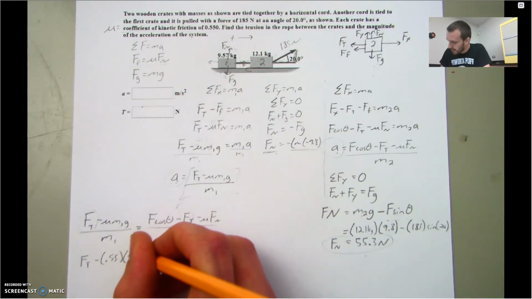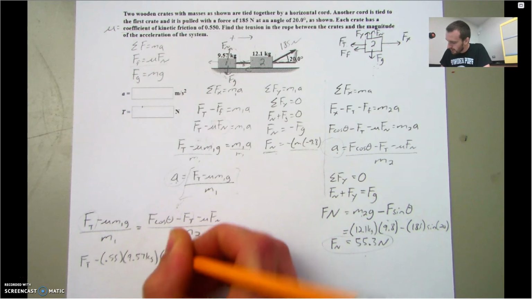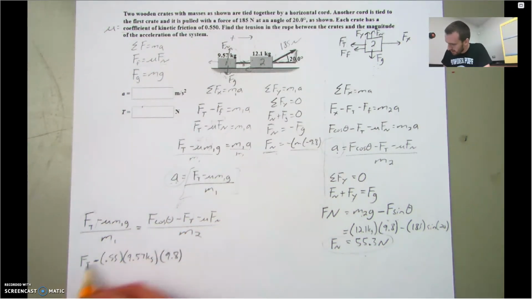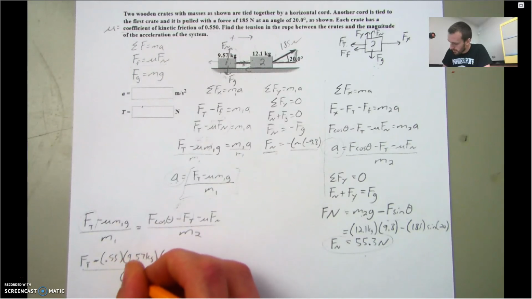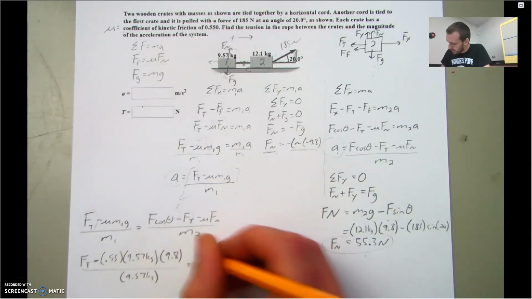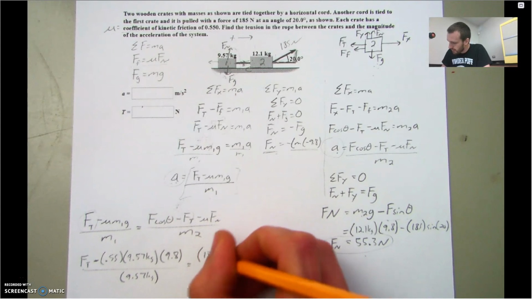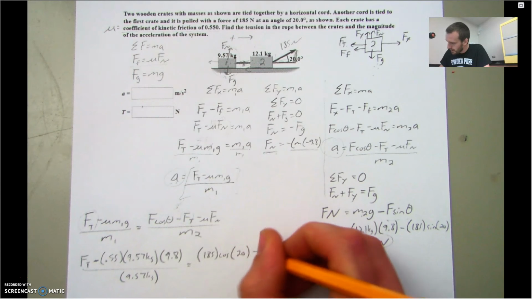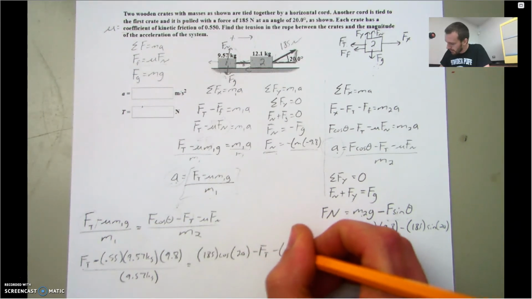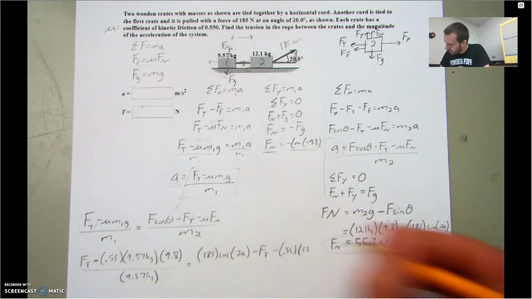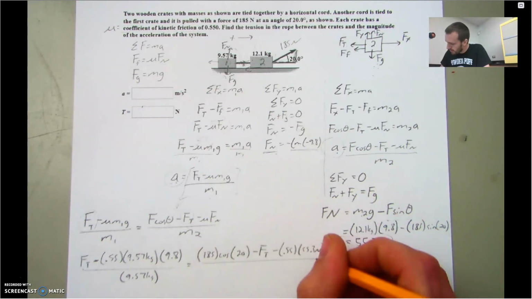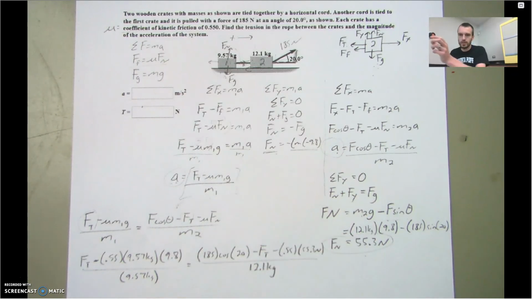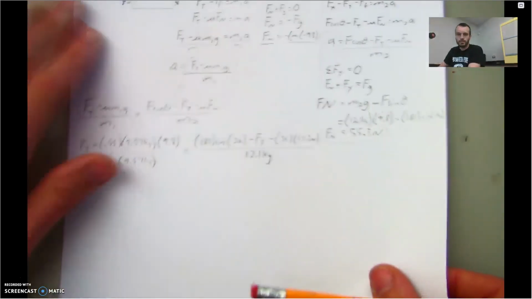So when I pull everything together, I remember what numbers go where, times 9.8, divided by m1, which is 9.57, equals, all right, we have our applied force, 185 cosine of 20 minus FT, don't know that one, minus 0.55, FN was 55.3 newtons, already solved that one, over m2, which is 12.1 kilograms. Okay, it's getting a little out of focus. Just a tad. There we go.